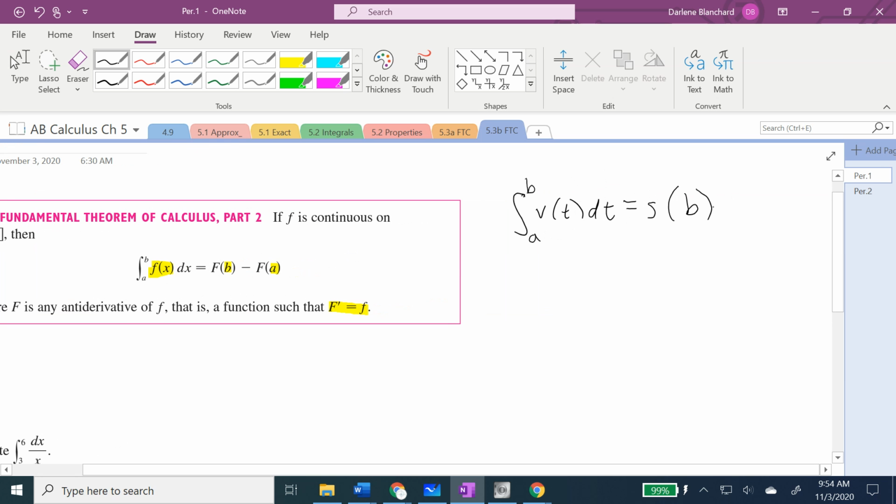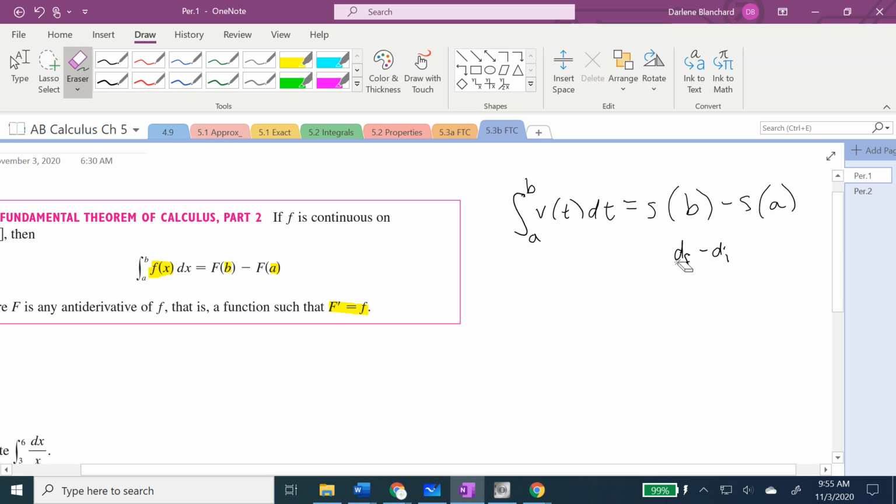I plug in my final time, I plug in my initial time, and I am just saying, for you physics people, the final distance minus the initial distance. But we don't get to use the letter D, we have to use S for distance, but that's all it is saying right there.